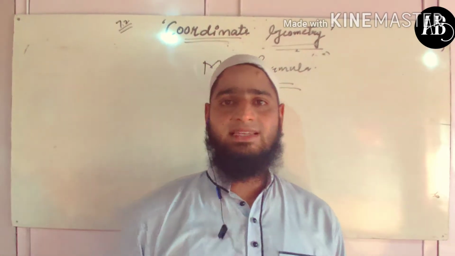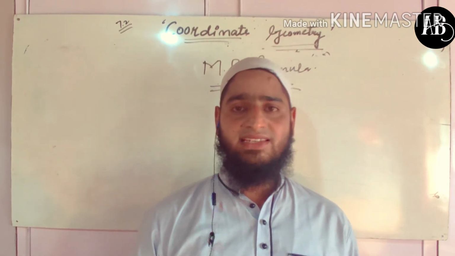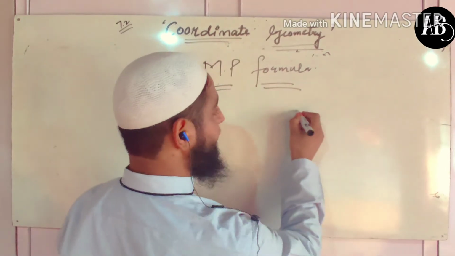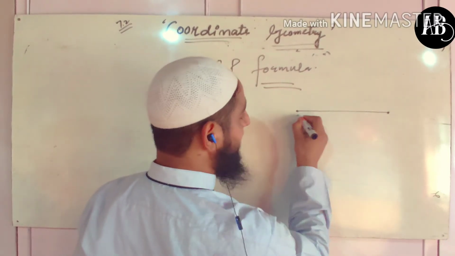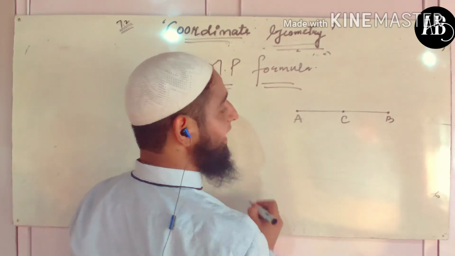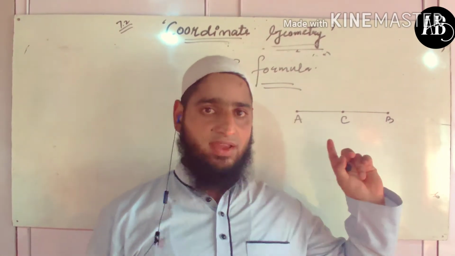You know what a midpoint is? It is that point which divides a line segment into two equal halves. For example, if we have a line segment AB, and C is the point which divides it, just like in the section formula.